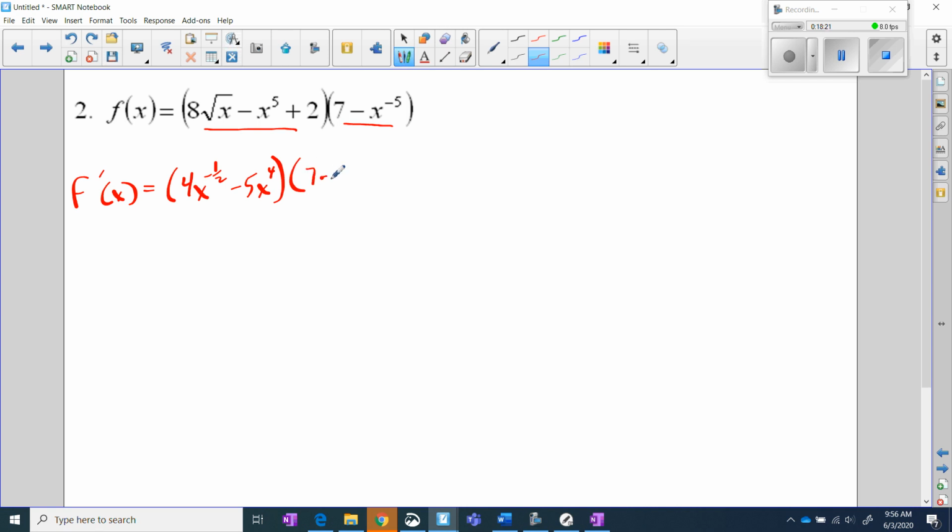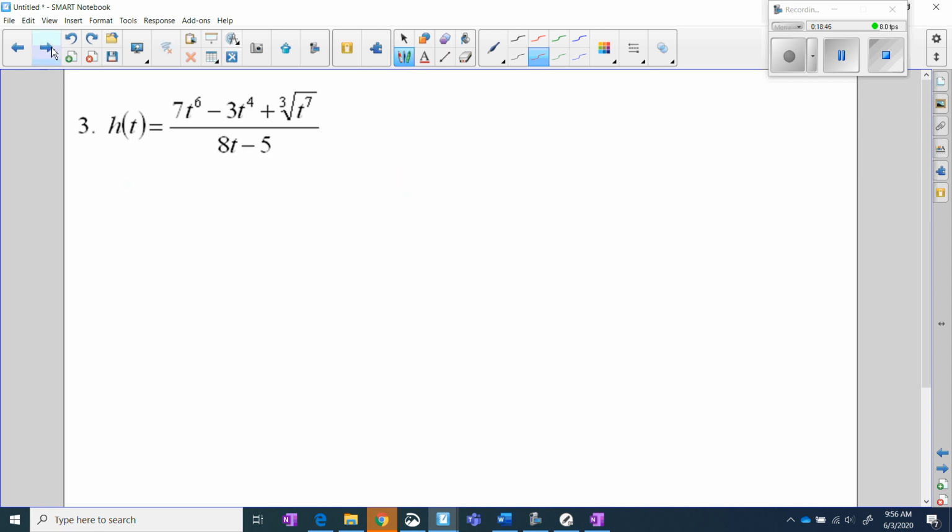Multiply that by the second. Plus the first. And then that gets multiplied by the derivative of the second. So constant, which is 0. Negative 5 times negative 1 is 5. Take one off your exponent. There we have product rule.